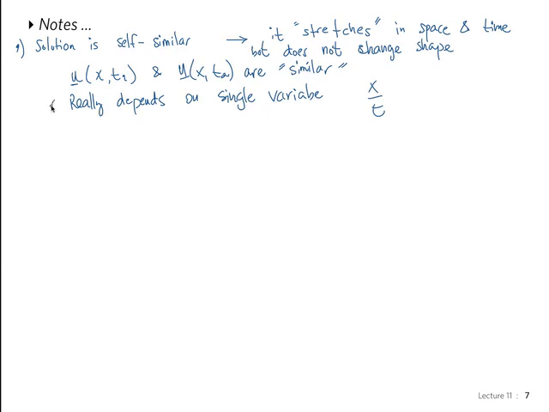Or another way to say it is also that the solution is constant along a line called the characteristic line, x equals c times t, with c constant on the xt plane.